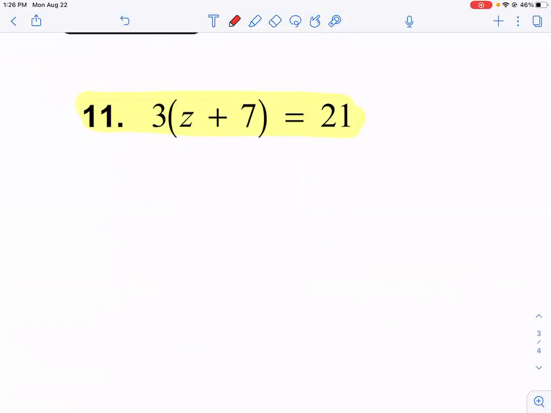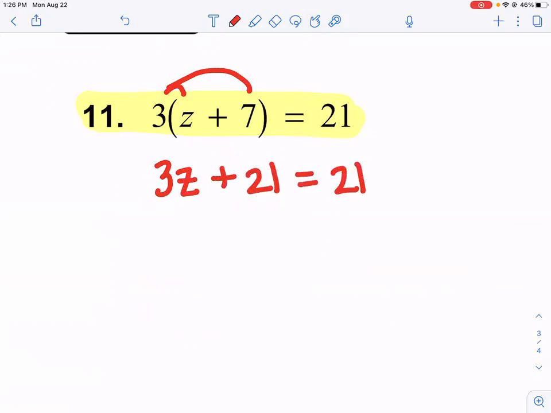Number 11 has parentheses. And when there's parentheses, what do we need to do? We need to distribute. Okay, if there's parentheses, let's distribute so that we have 3z plus 21 equals.